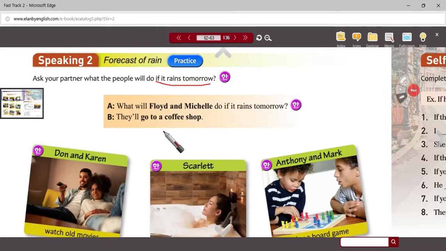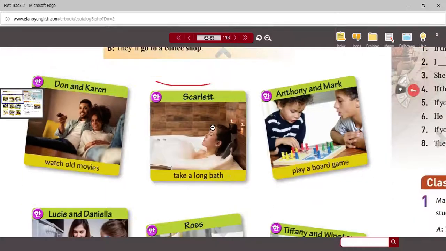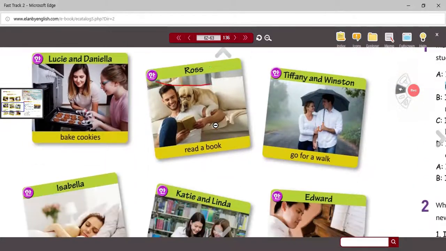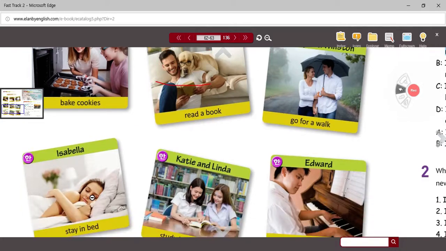Okay. So you can do the same when you talk about Don and Karen, Scarlett, as well as Anthony and Mark. And these other groups of people down here: Lucy, Daniela, Ross, Tiffany and Winston, as well as Isabella, Katie, Linda, and Edward.